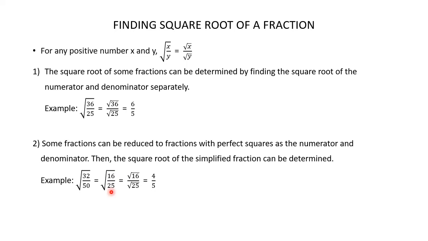Square root of 16 upon 25 is equal to square root of 16 upon square root of 25. Now 16 and 25 are perfect squares. So square root of 16 is 4 and square root of 25 is 5. So the square root of 32 upon 50 is 4 upon 5.